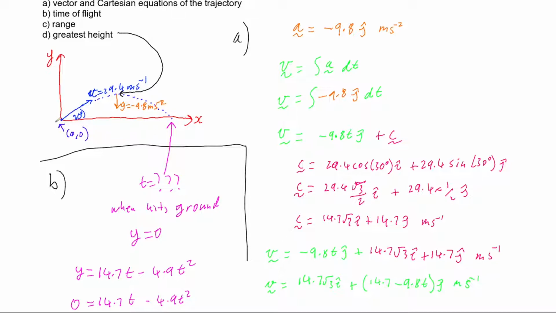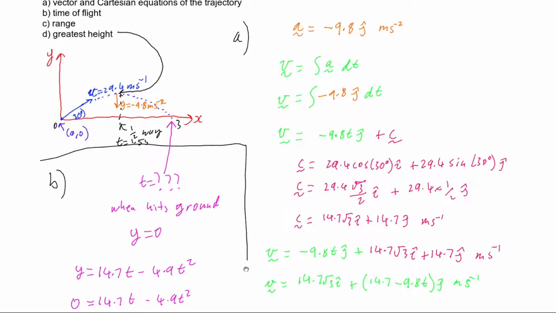So when we know the roots of a parabola, we know that the height is exactly halfway. So if we know that this is 3 seconds and this is at 0 seconds, we know that halfway occurs at t equals 1.5 seconds. And we've just got to put that into our height equation.